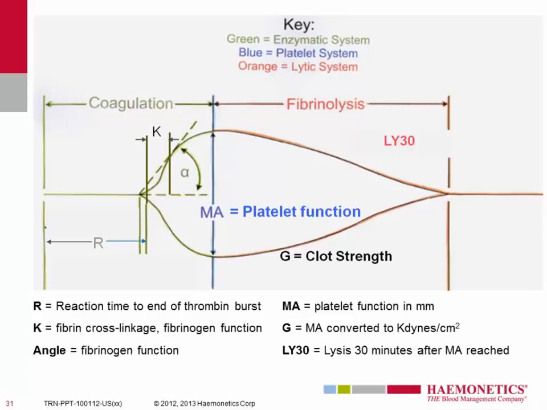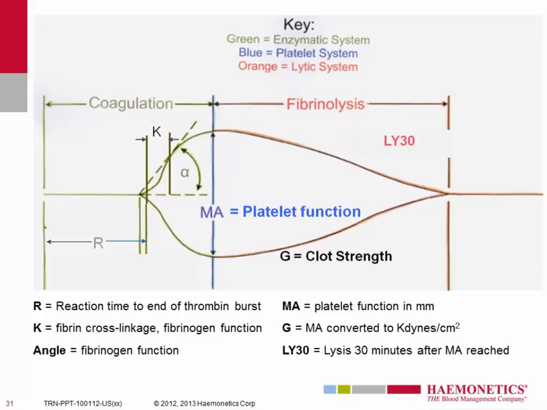The width, or the distance, known as the MA, tells us how strong the clot is, and it's a reflection of platelet function. In the trauma patients and in some patients who have been on bypass for a long period of time, if it's a long case, we start to see TPA release, and plasminogen actually starts breaking the clot down too rapidly.